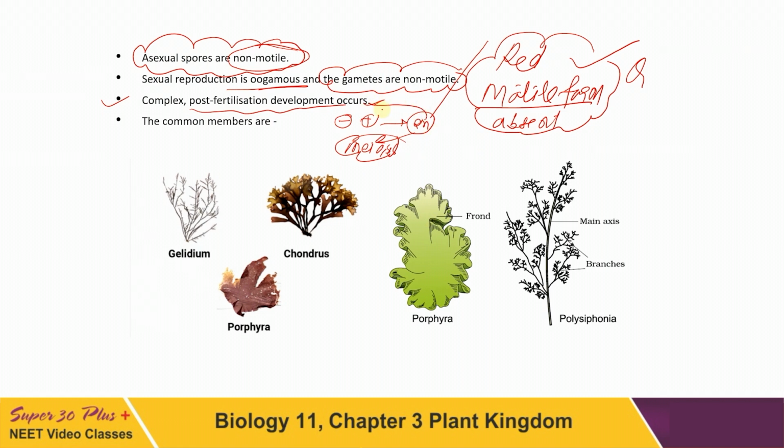This zygote will enter into post-fertilization development, and that is an important feature. Some common members: Gelidium, Gracilaria, Chondrus, Porphyra, and the last one, Polysiphonia. I told you how these are being used. Gelidium is the one from which agar is obtained. Porphyra is used as food, and so on.